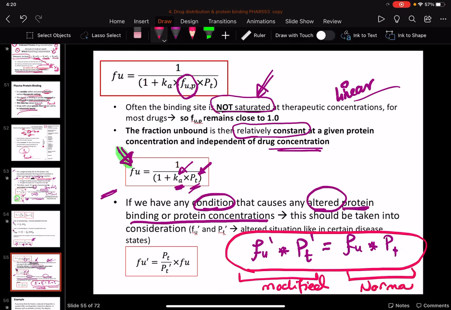By knowing the total protein concentration and the fraction unbound of the drug in the normal case, and, for example, whatever is happening to the total protein concentration in the disease case, we can know what is the fraction of unbound drug in that disease state. And this is important.